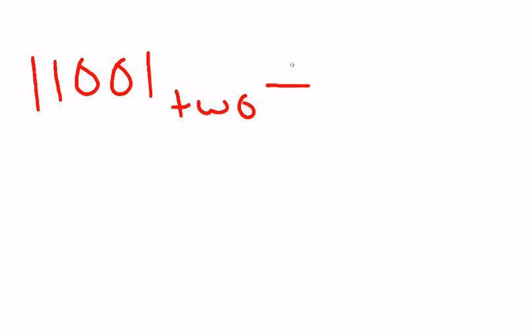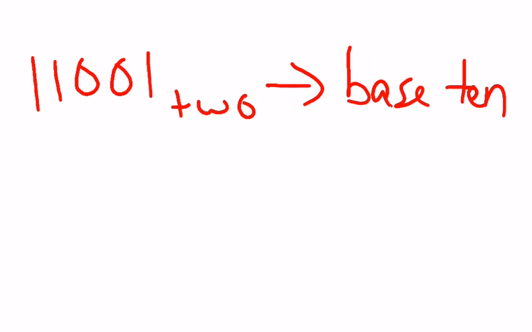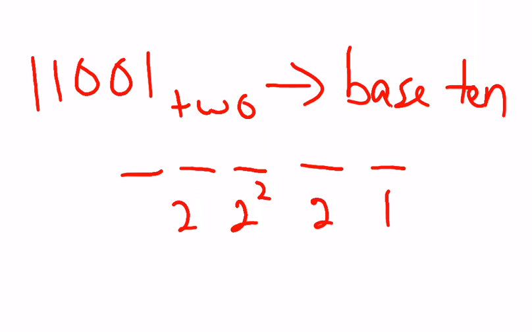Another example. This time we're going to look at a number in base 2 and convert it to base 10. We need to look at our place values for base 2. They always start with ones, and then 2, 2 squared, 2 cubed, 2 to the 4th.